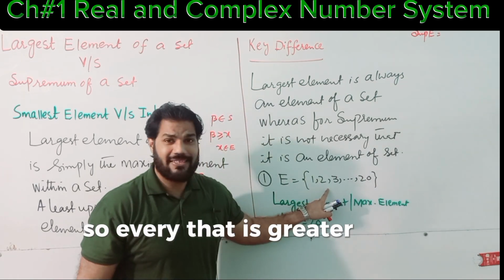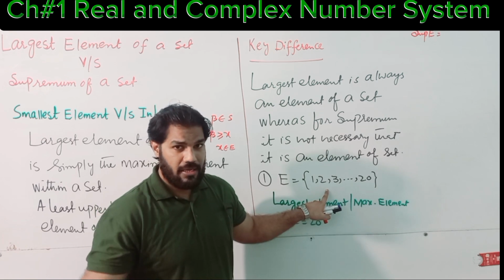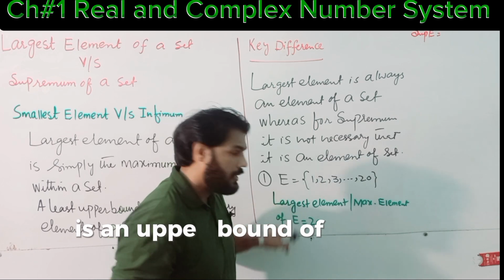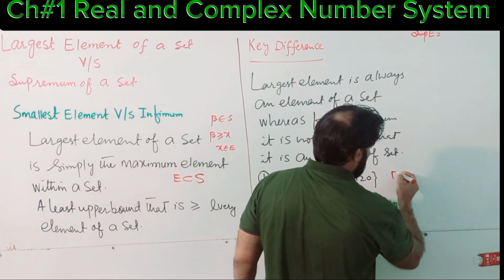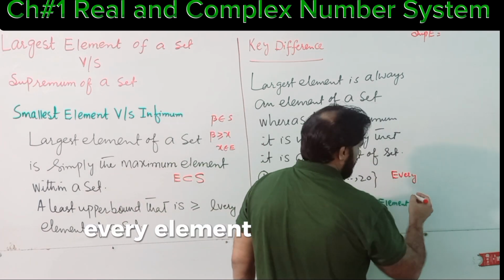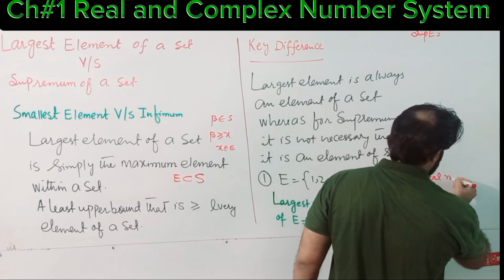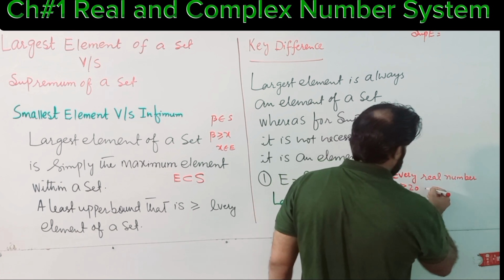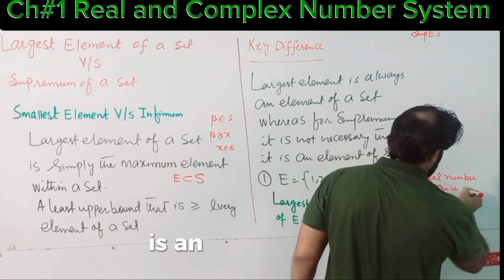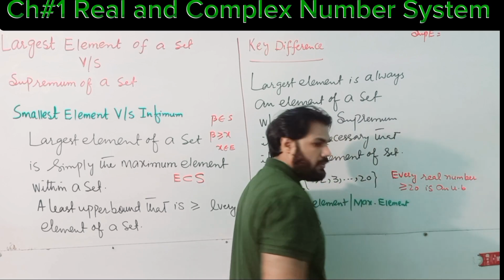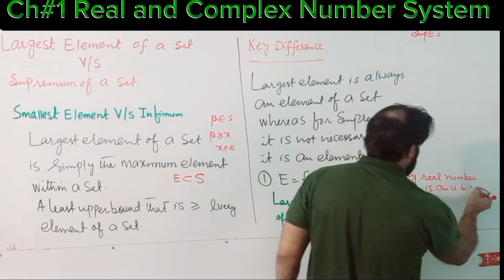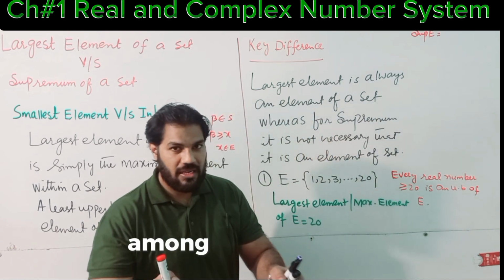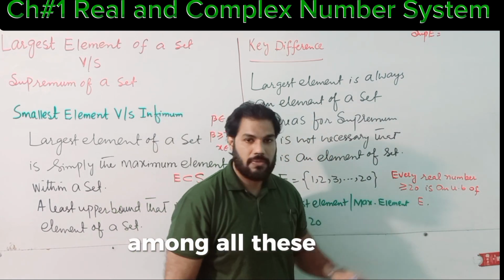So every real number greater than or equal to 20 in the set of real numbers R is an upper bound of E. But you can see that the smallest upper bound among all these is 20.